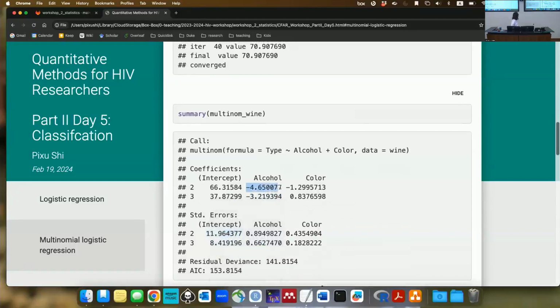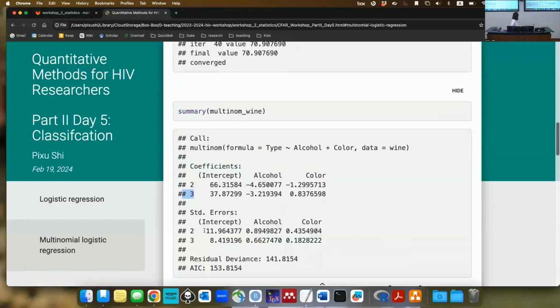So if you exponentiate this number, it's going to be the odds ratio of 2 over 1. And this is the exponential of it. It's going to be the ratio of odds for 3 over 1. Does that make sense?